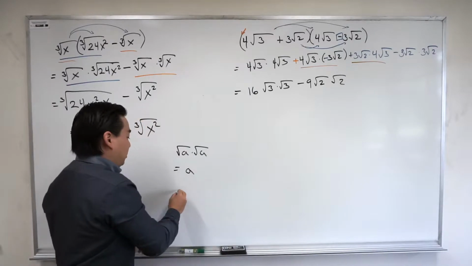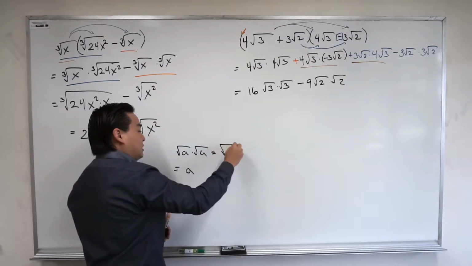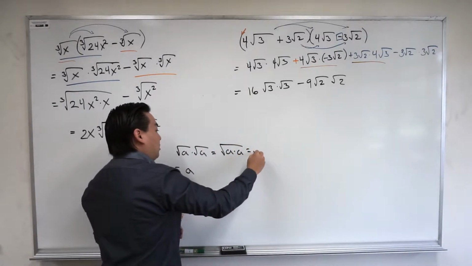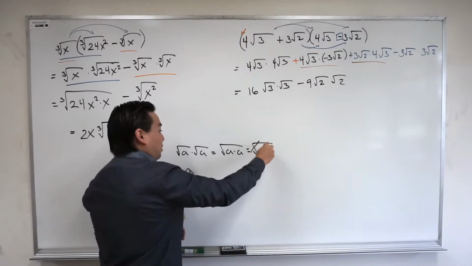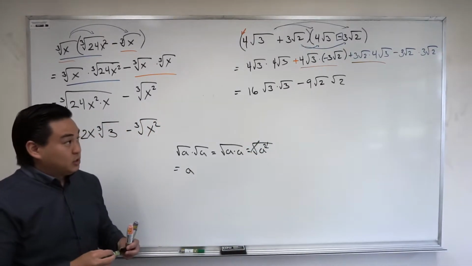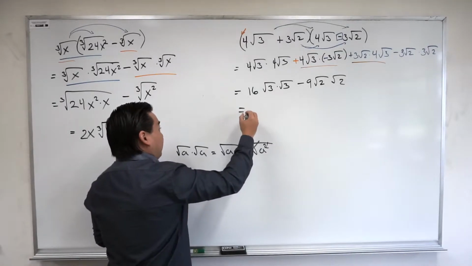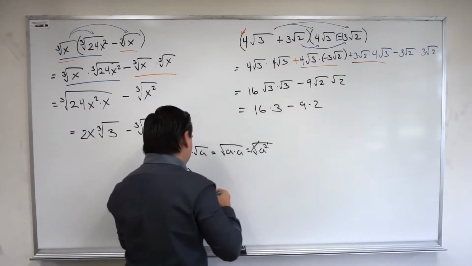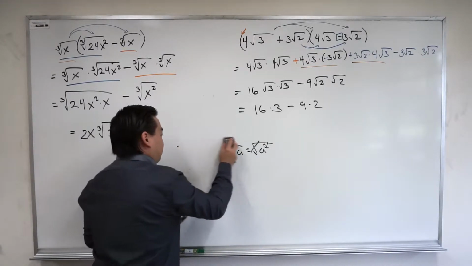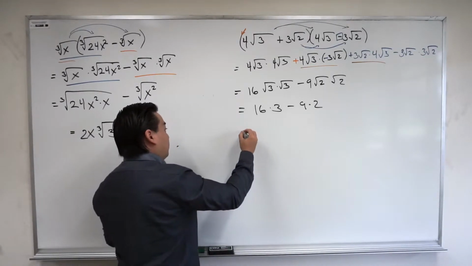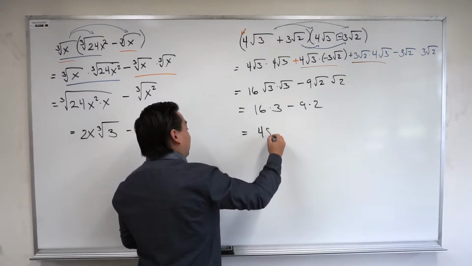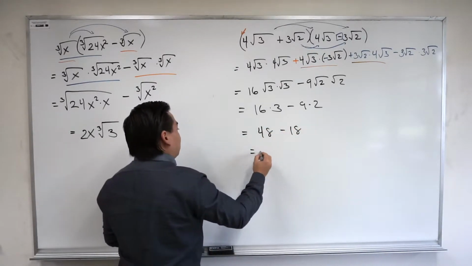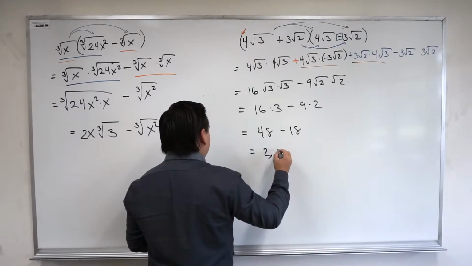Because the inside here is actually the square root of a times a, or the square root of a squared, and those cancel again. So what we really have here is 16 times 3 minus 9 times 2. So we have 48 minus 18, or 30.